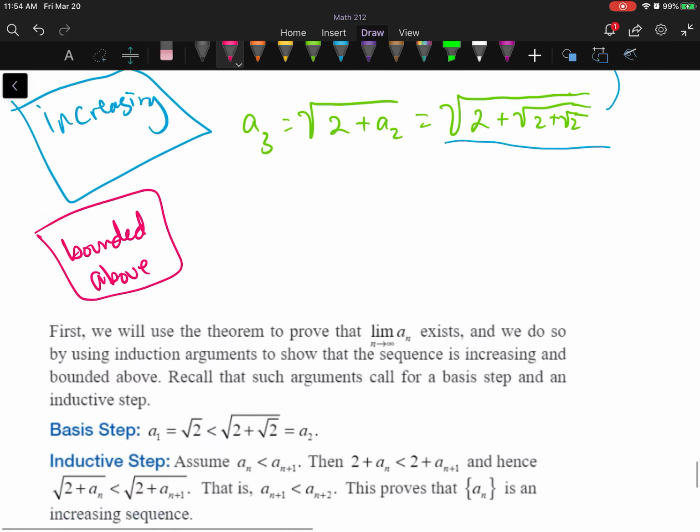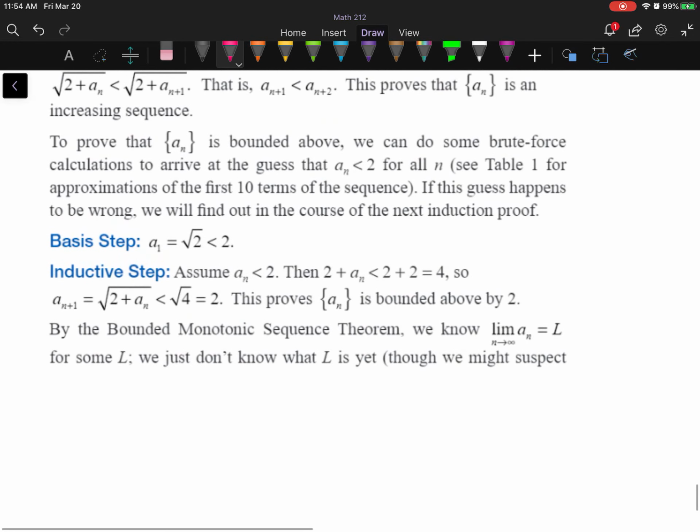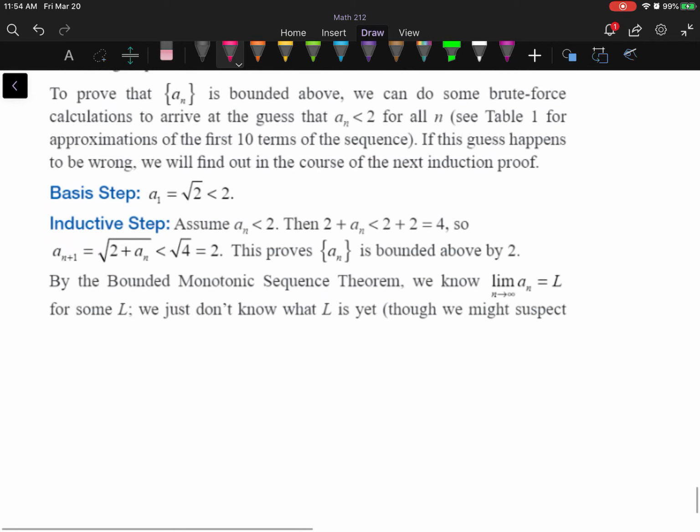I'm just going to skip down to here. Again, formally, we would be using induction to prove that the sequence is bounded above by the number 2. It starts off with a base step, so you're asking yourself the question, is the first term less than 2? Yes, the first term is less than 2 because it's the square root of 2.